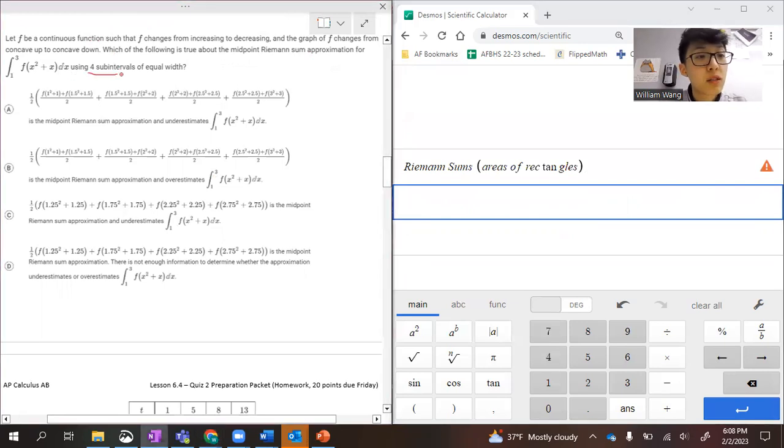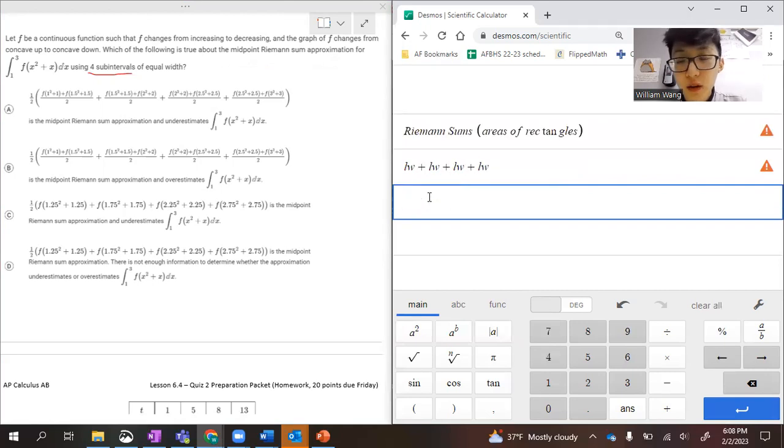So 4 subintervals, 4 rectangles. So I like to just start off with the most basic. If I have 4 rectangles, I know my areas. My formula is going to be LW plus LW plus LW plus LW, right? Very straightforward. That's the area of 4 rectangles. All right. Now, I'm going from 1 to 3 using 4 rectangles.